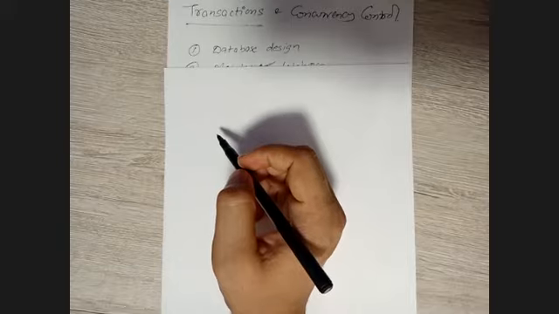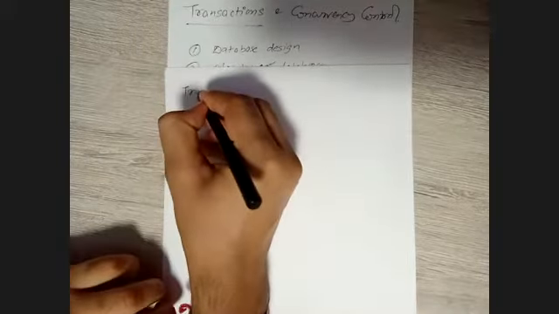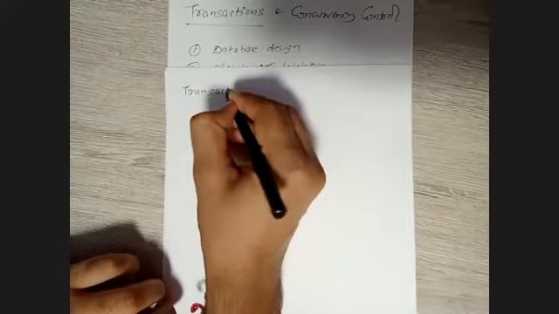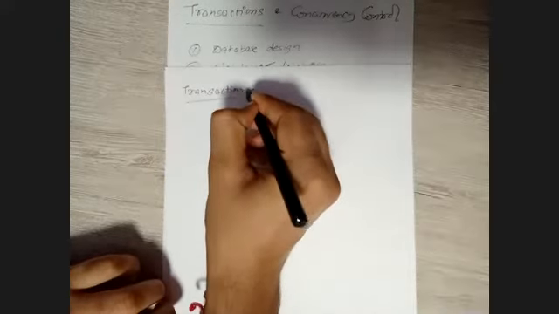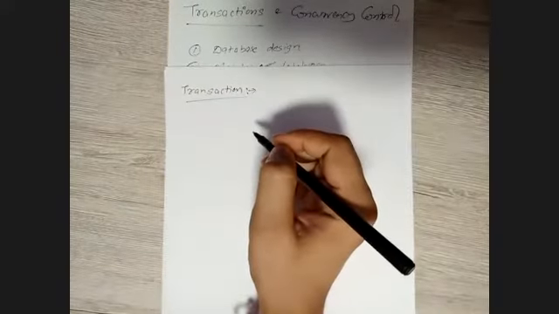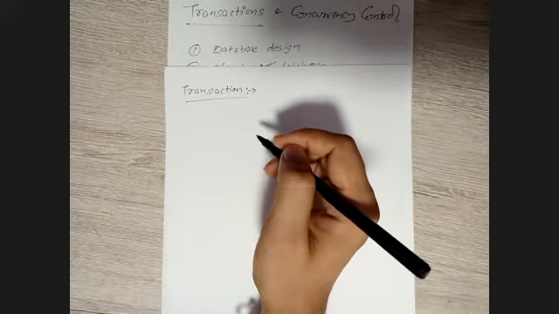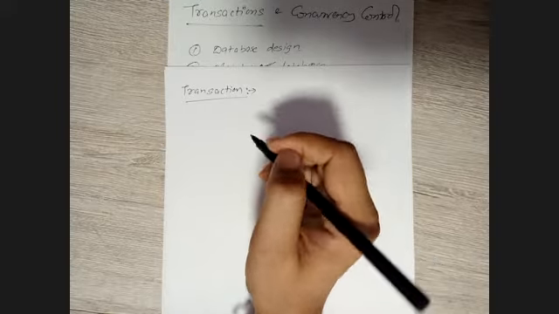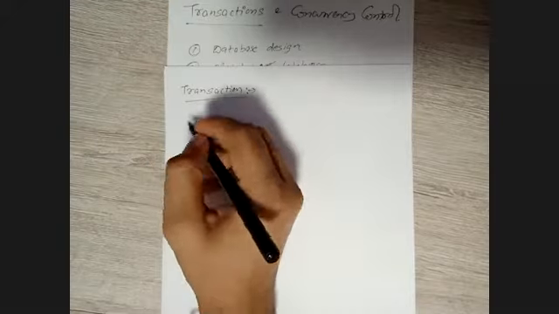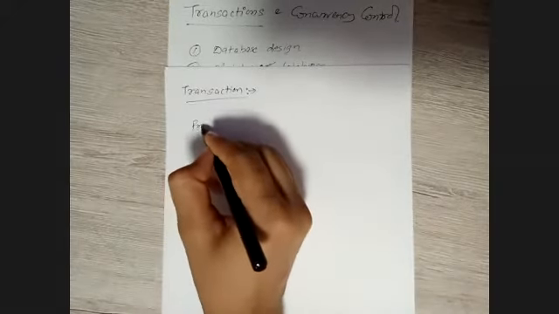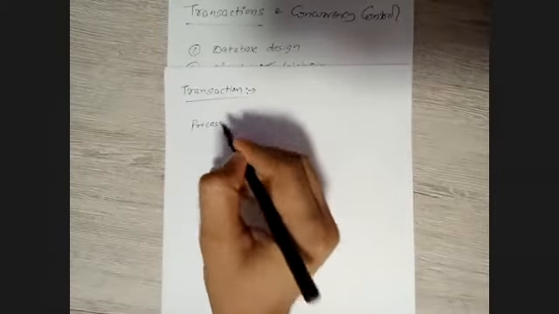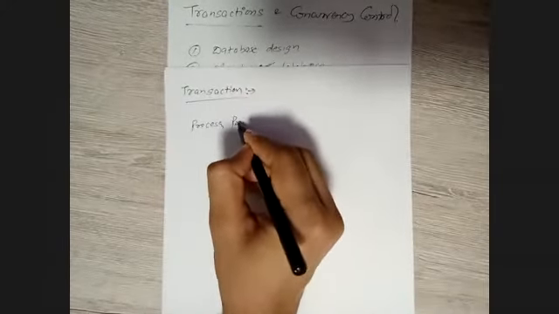Before that, try to understand the terms which are already familiar. For example, what is a process, and what is a program? Try to understand these two terms before that.